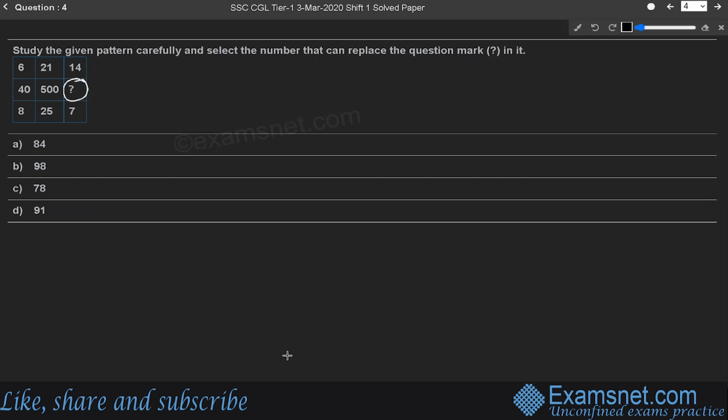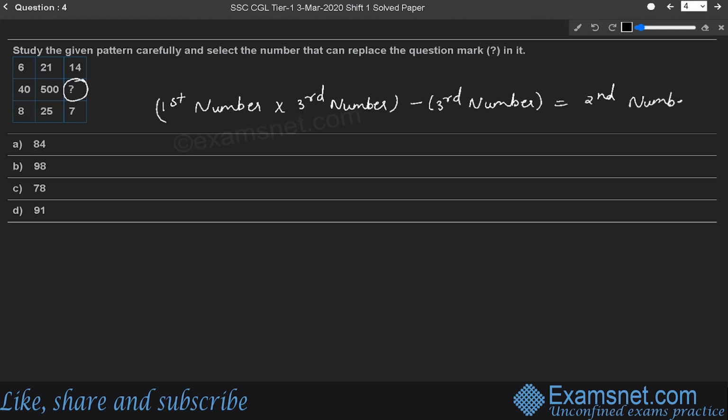The pattern used here is: first number into third number minus third number gives second number. And this concept will be column wise.